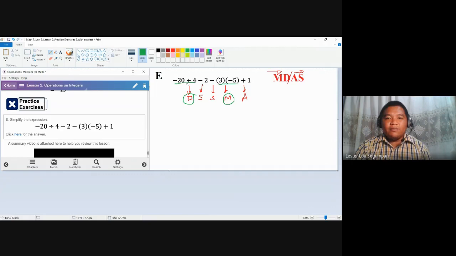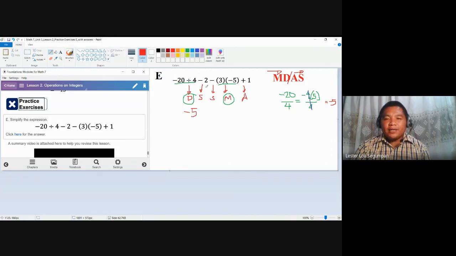We have here -20 divided by 4. We can factor this out: -20 is -4 times 5 over 4. Using the cancellation law, what is left is -5. This is the result for this operation.